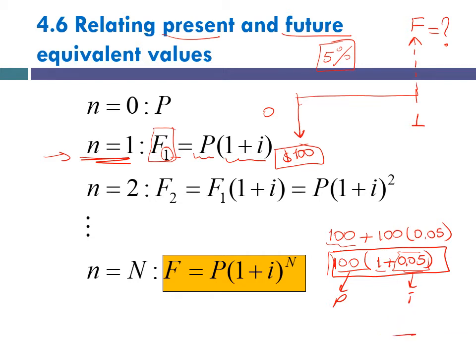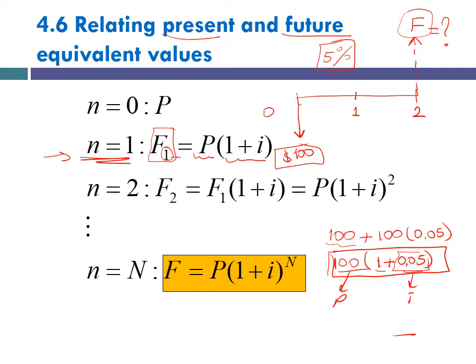Now let me change the question a little bit and say that we deposit this amount to the bank, and after 1 year we don't withdraw it, but we will withdraw it after 2 years. Then what will be the future amount when we withdraw it after 2 years? So now, how can we calculate this amount?